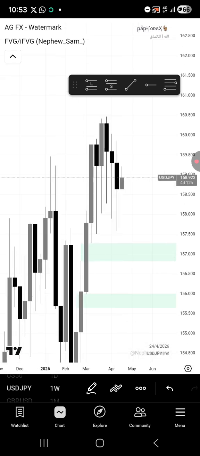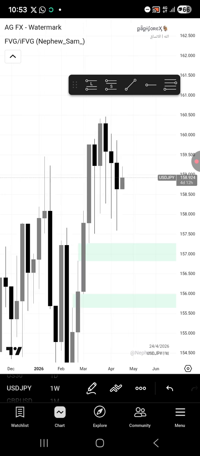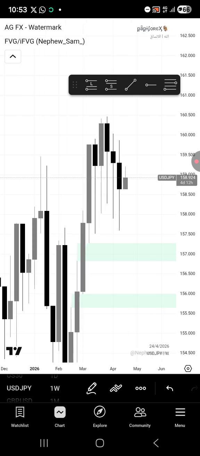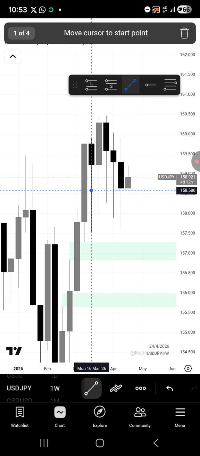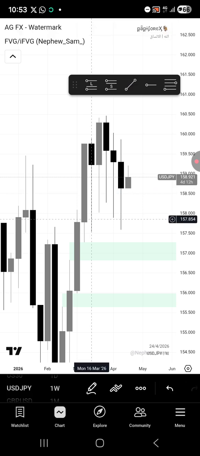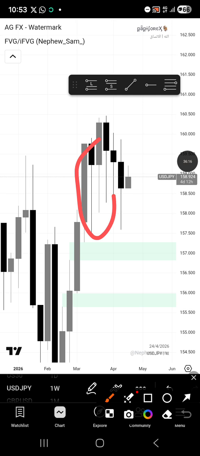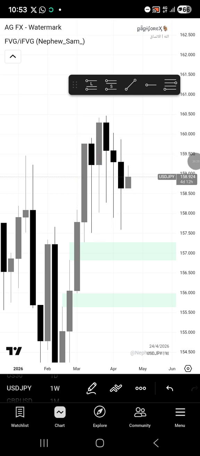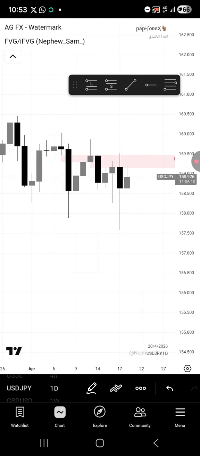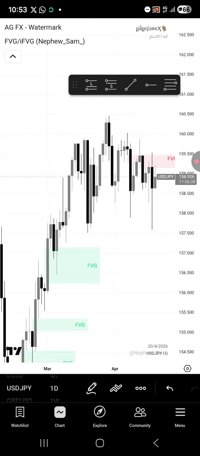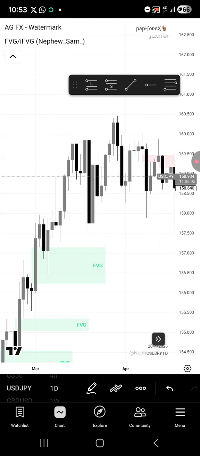In the past weeks, price reacted at this particular candle, this respecting candle there. What did price do? Price gave a rejection, maybe because of a lower time frame fair value gap.